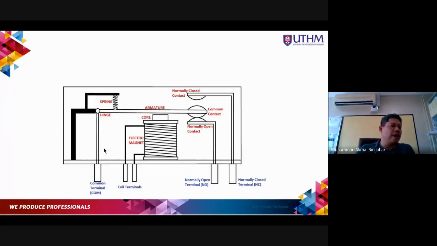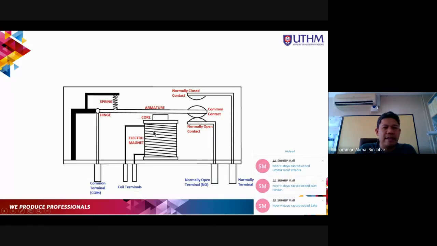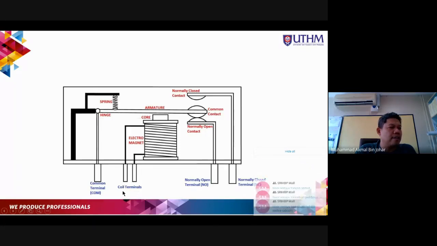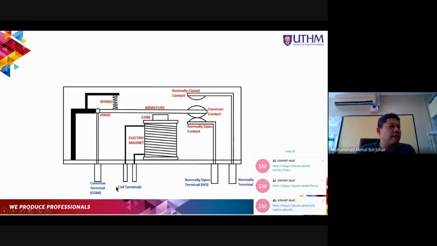So here you have an inductor in the form of a solenoid. When you energize the coil, giving voltage across the coil terminals, the current will flow in this solenoid and an electromagnetic field will be produced.